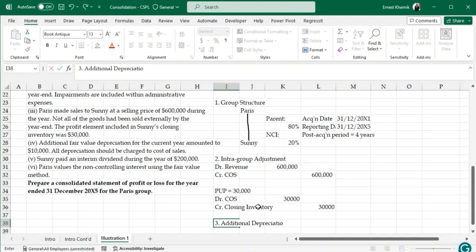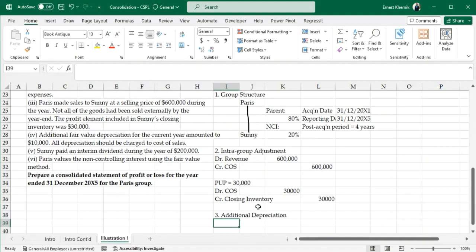Now I have treated this theoretically in my previous video, so you are putting it into practice. As I told you, if you are getting lost, go back to my previous video and read what I said when it comes to excess depreciation. With regards to the consolidated statement of profit or loss, this is not different from what we've seen under the consolidated statement of financial position.